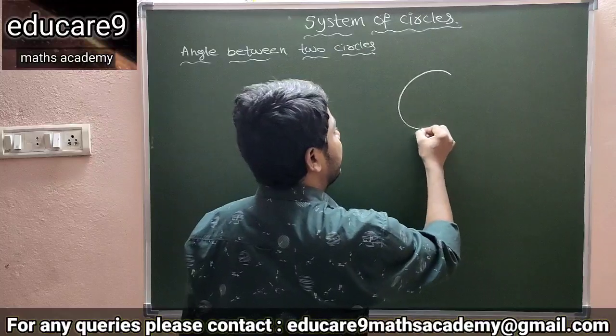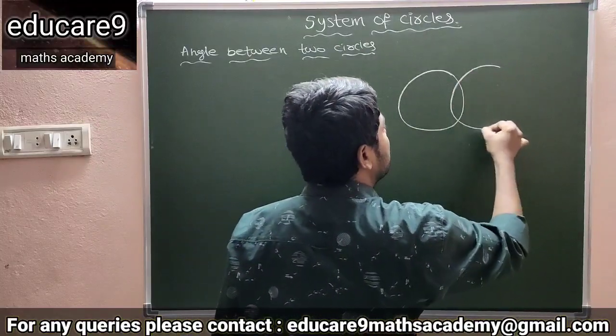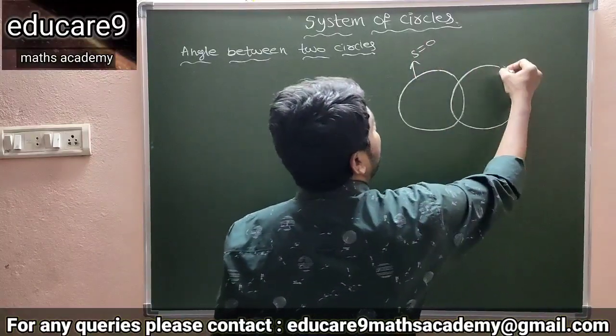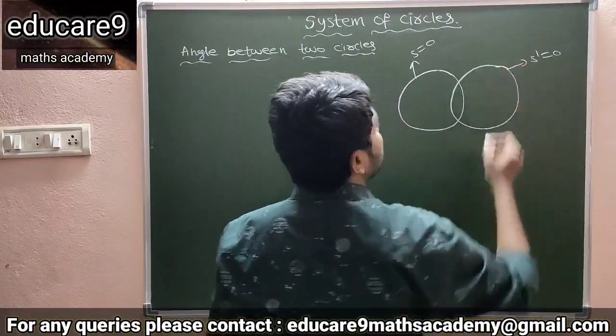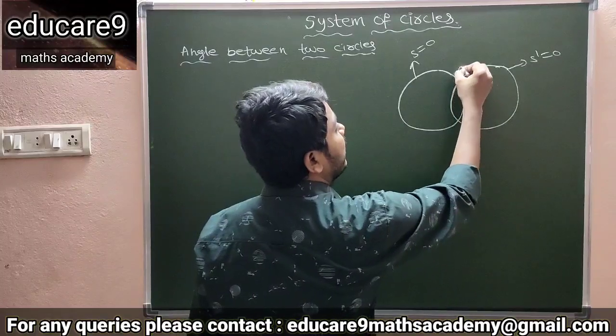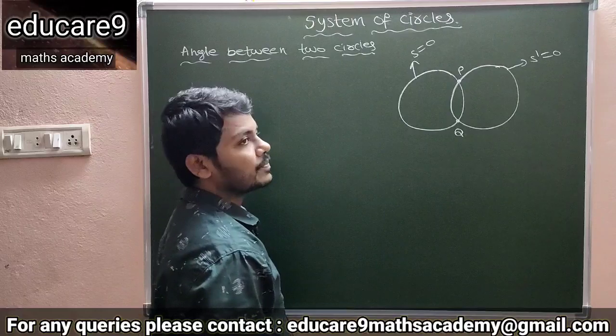Here consider any two circles, S equals 0 and S dash equals 0. So this is S equals 0 and this is S dash equals 0. So clearly here P and Q are the points of intersection of the two circles.